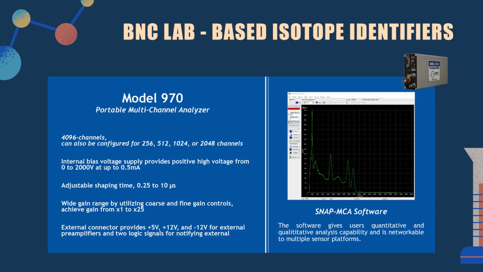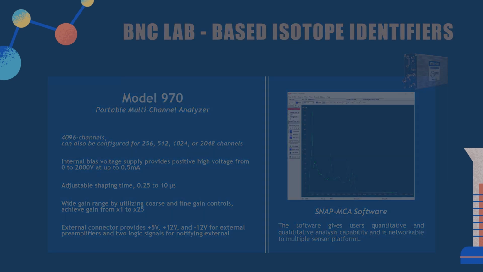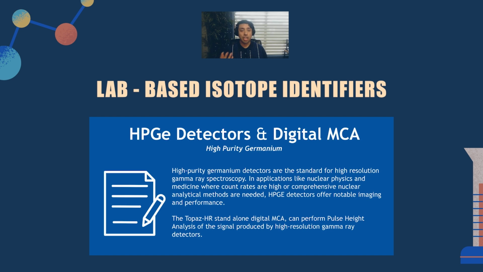This feature is especially important when dealing with very low-level radiation samples where sensitivity is extremely required. It's an alternative to high purity germanium HPGe systems, but these lab-based identifiers provide a more accessible option without compromising on the quality of isotope identification.